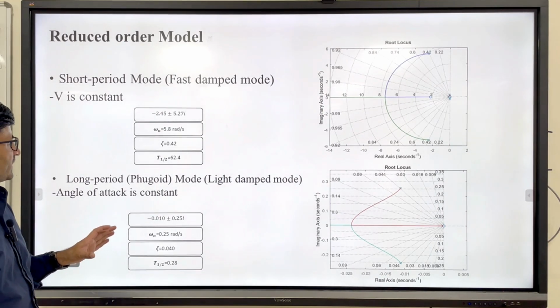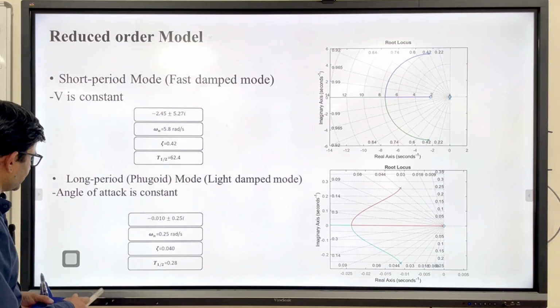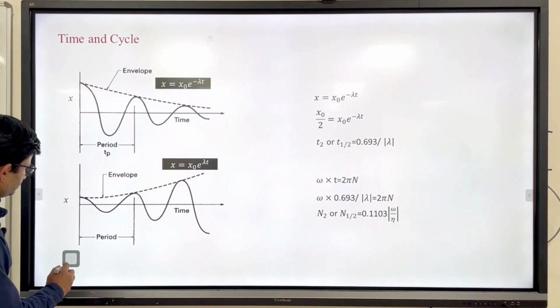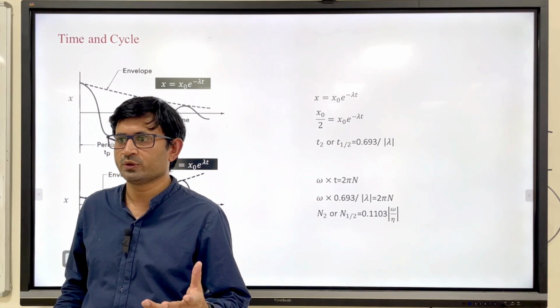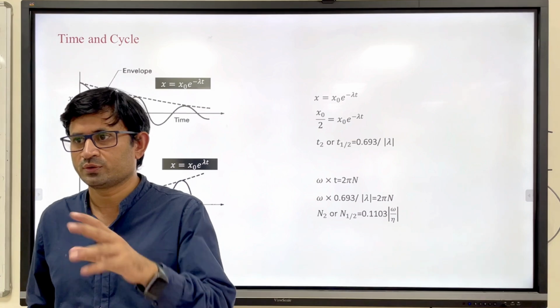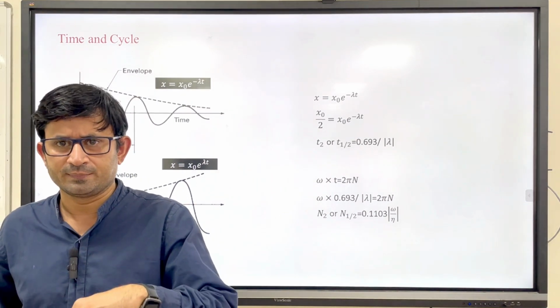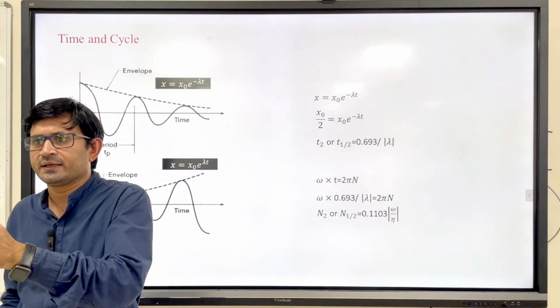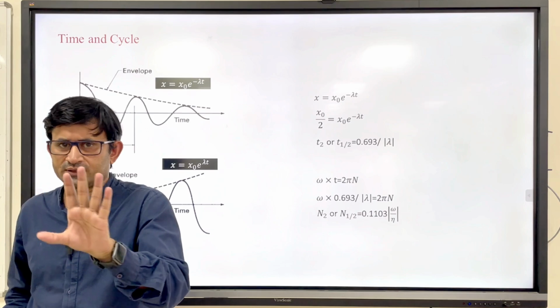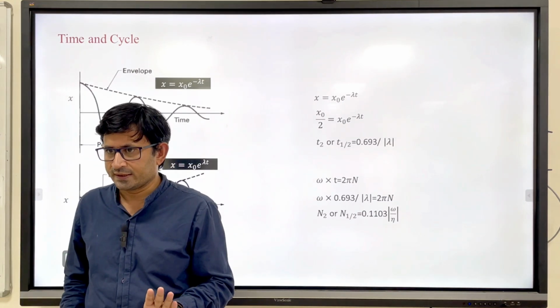So now the question is, for example, how to find out the time to double the amplitude and the number of cycles to double the amplitude or halve the amplitude. Half the amplitude means the system is converging, and double the amplitude means it is diverging. We already told that, right?